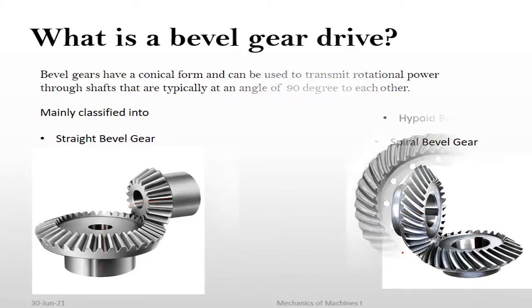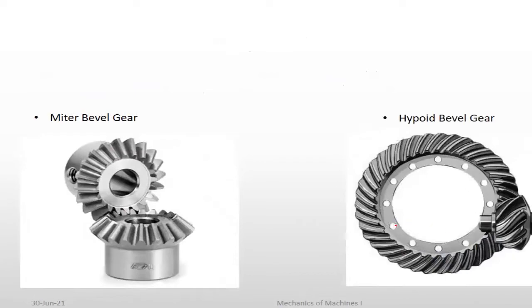But when you come to this one, this center line and this center line don't meet. That's why we call it the hypoid bevel gear. The miter gear also meets, but the hypoid bevel gear means the center lines are not meeting perpendicularly. So that's the difference between the straight bevel gear, spiral bevel gear and hypoid bevel gear.